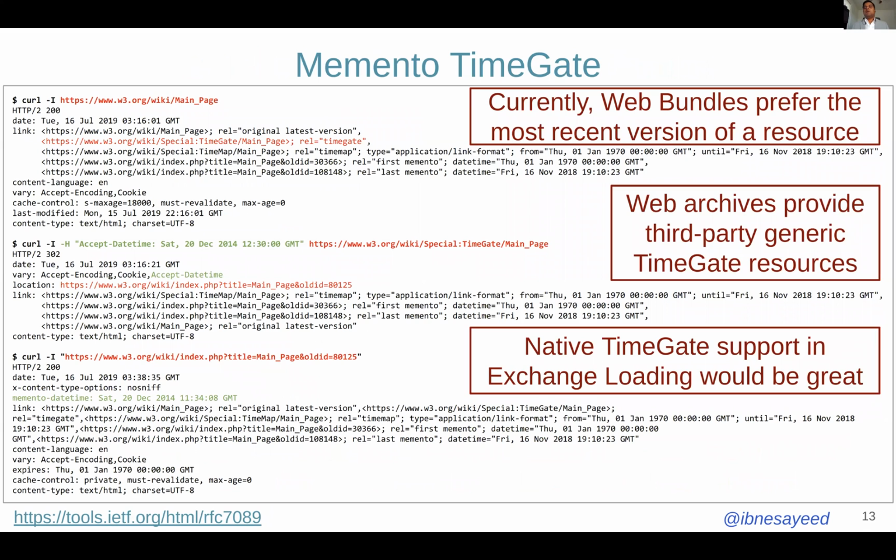So there exists a problem in the current implementation of web bundle specification, where it prefers the most recent version of a resource if multiple resource copies are present in different caches, right?